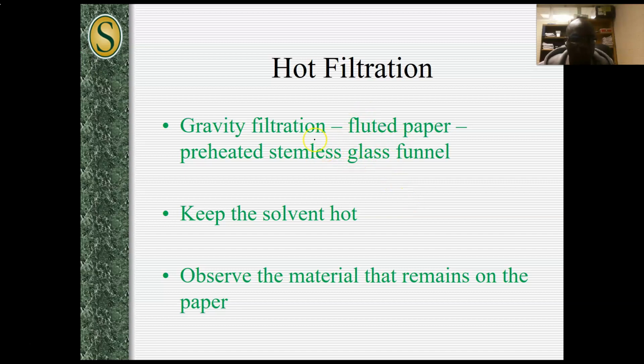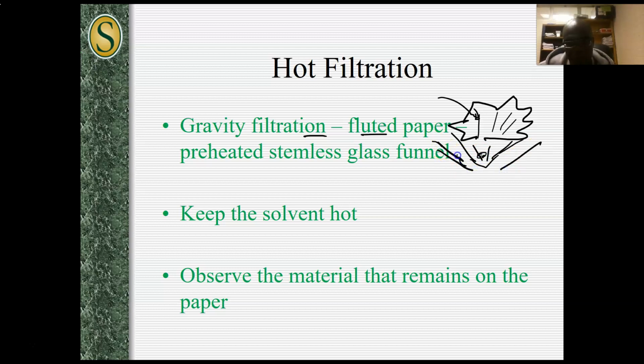Okay, so after gravity filtration with your fluted filter paper, which means the filter paper is folded and creased, you need it fluted so that it directs your sample down. The fluted filter paper is sitting on a broken stemless funnel. As you do that, you rinse it. You keep the solvent hot by rinsing it with hot water.